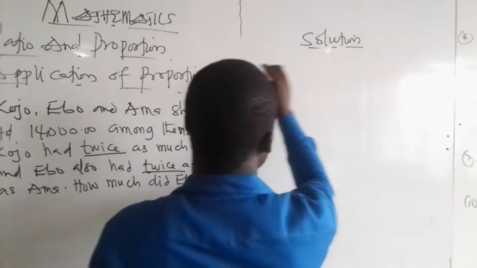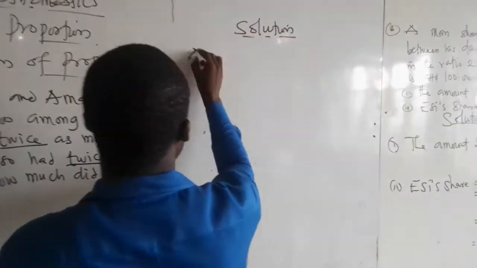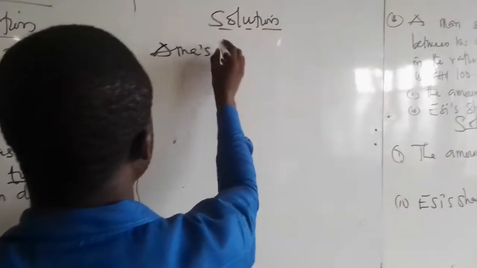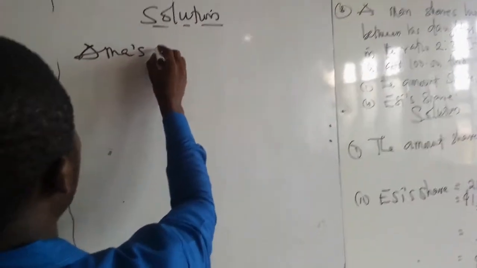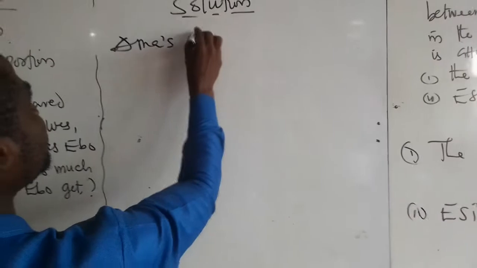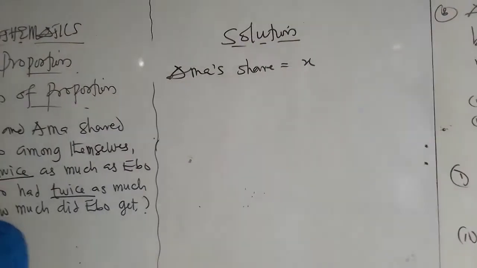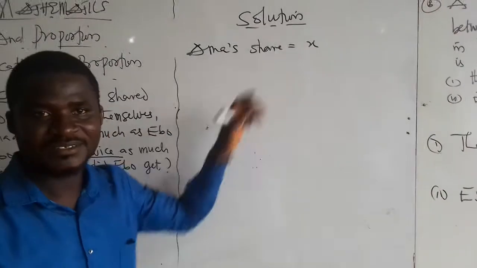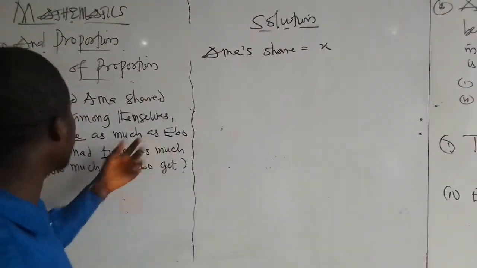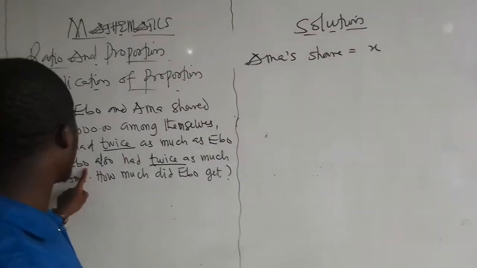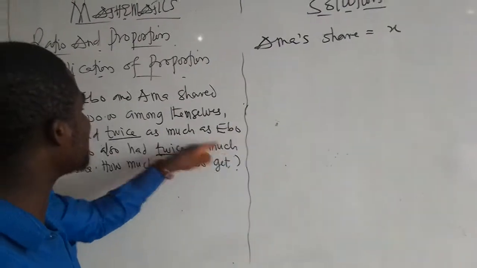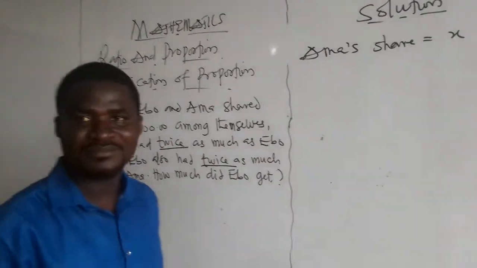So, Amma's share is equal to X. You don't know Amma's share, so Amma's share is equal to X. Good. And the question says that Ebo also had twice as much as Amma.